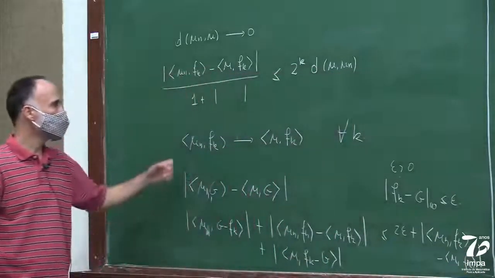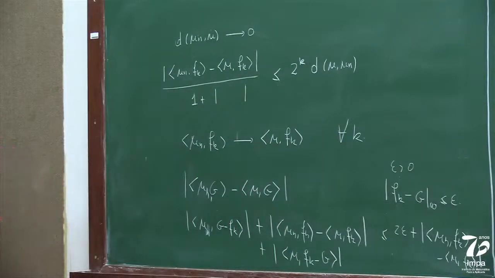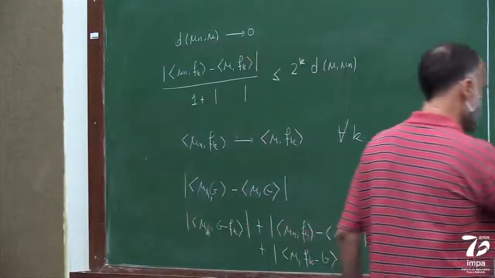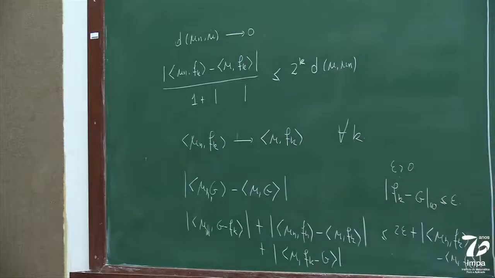But this converges to 0 because I know that mu n fk converges to mu fk. So from the fact that this family is dense in L infinity and that mu have total mass bounded by 1, we get that indeed this distance is equivalent to the weak topology.